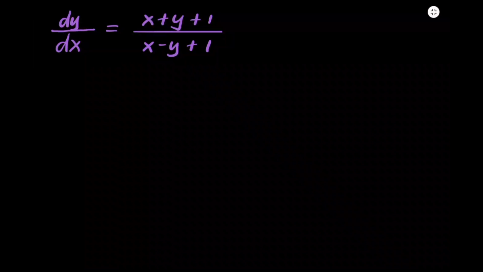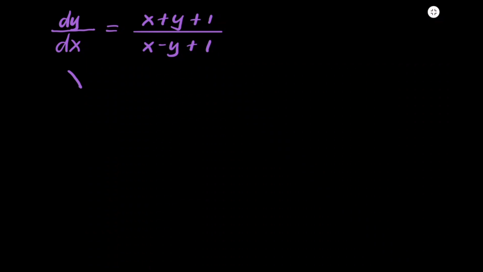So let us begin. First, let us rewrite the given equation. Notice that both the numerator and denominator contain plus 1. Hence, this suggests we can shift the variable x. So we can let capital X be equal to x + 1. So the numerator and the denominator both contain the x + 1 term.